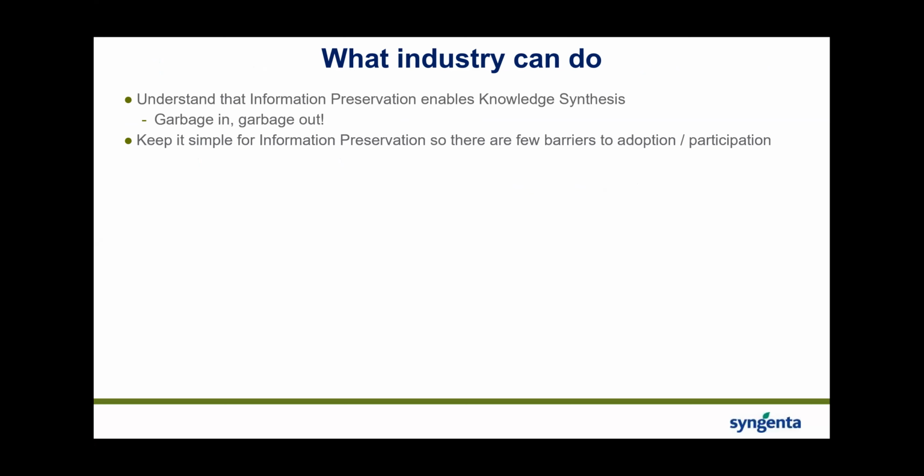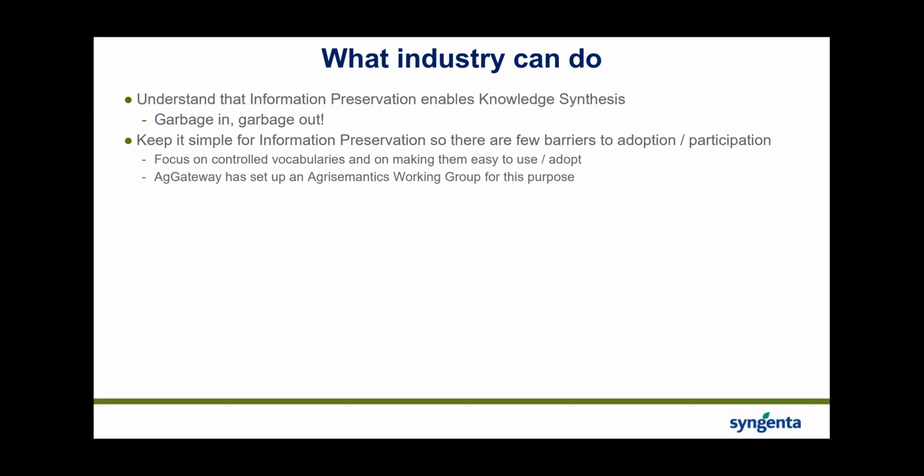information preservation so that there's few barriers to adoption and participation. So we're trying to focus on controlled vocabularies for things like crops and operations and so forth, and on making them easy to use and to adopt. And AgGateway set up an agrisemantics working group for this purpose, with a simple process, simple governance.